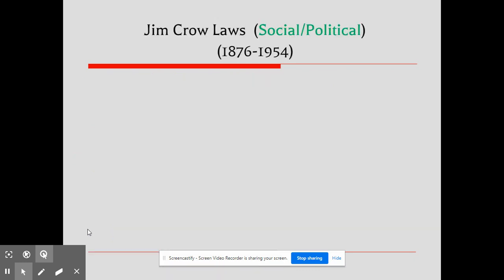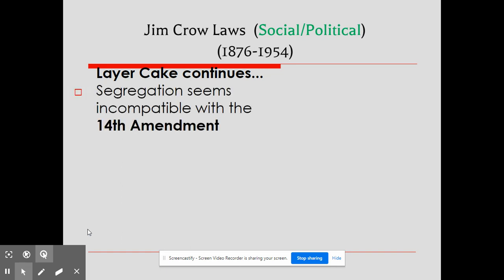Let's look at the social political aspect then. So post Reconstruction, up until 1954. So this is the time of the Jim Crow South. We know segregation is happening in social life and education policy. And why is it allowed to continue? Well, it's allowed to continue mostly because the 14th Amendment and the way it's interpreted is not providing for equal protection.